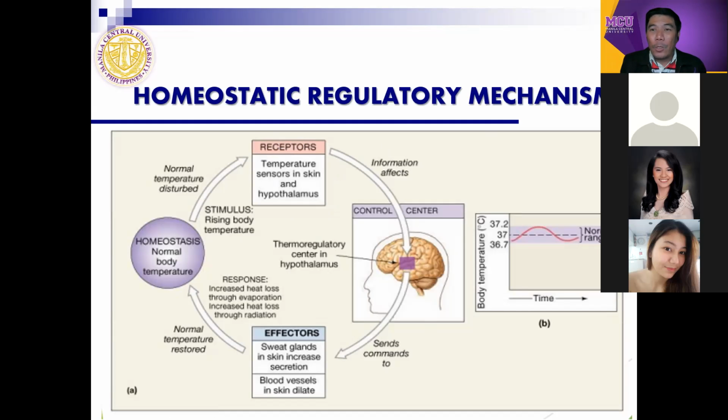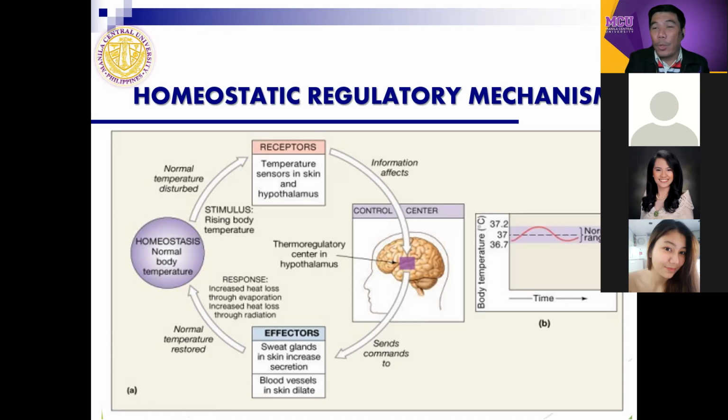So it may not be able to transmit commands to the specific organs that may help the brain prevent complications, because we all know that when the control center is affected, it may cause a break in the impulse transmission.